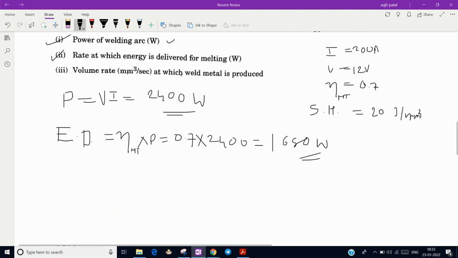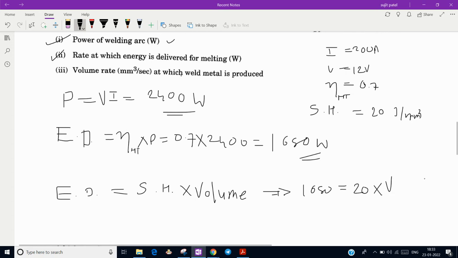The third one is the volume rate at which the weld metal is produced. So whatever energy is delivered to the weld metal is given by specific heat multiplied by volume. So we know here energy delivered is 1680 watt, and the specific heat is given as 20 joule per mm cube.